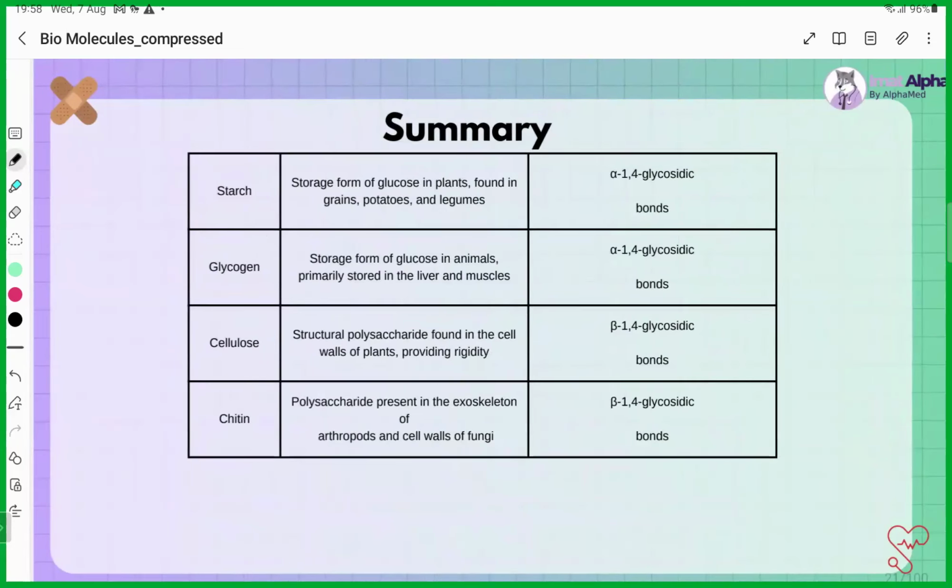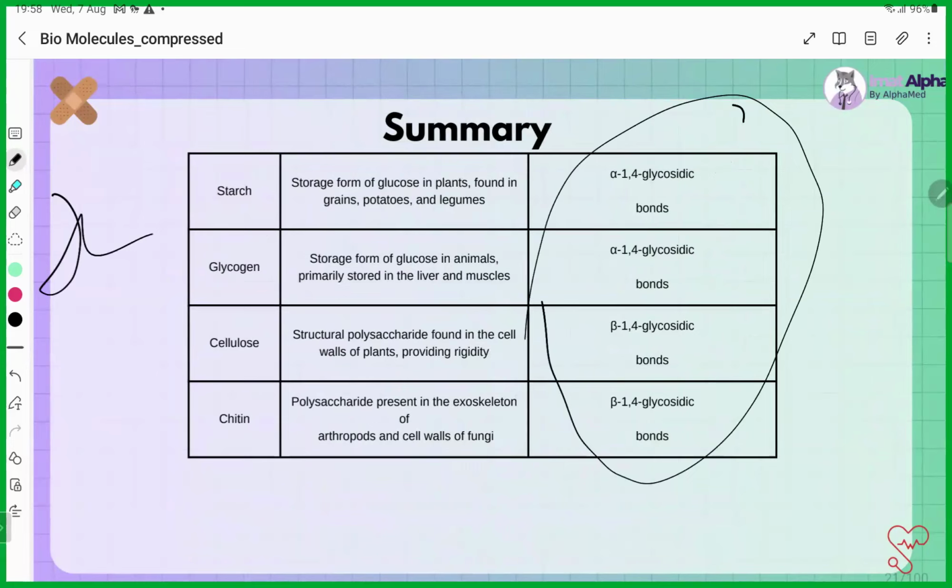Okay, so the difference, also the bonds, you should memorize them. These are for memorizing. So guys, starch is made up of alpha-1,4 glycosidic bonds. Glycogen is also like starch, with alpha-1,4 glycosidic bonds. However, cellulose and chitin have beta-1,4 glycosidic bonds. Starch, the storage form of glucose in plants, as we said. Glycogen, the storage form of glucose in animals.